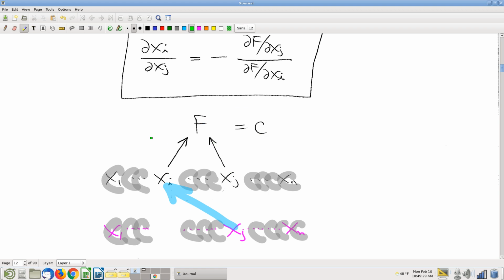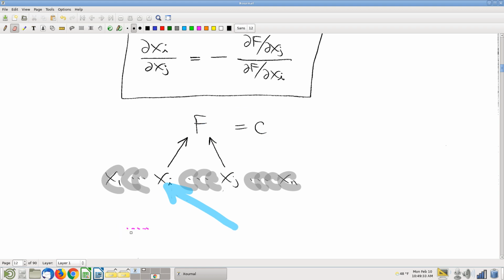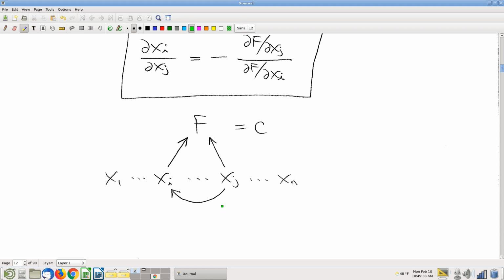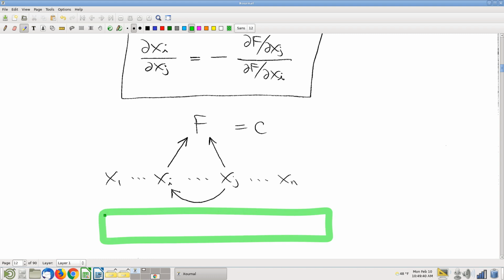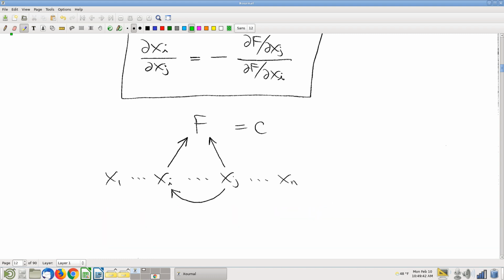Okay. All right. So now, with the picture and the argument made, let me show you what I think is a simpler way to think of this picture. This is what I had before. All this stuff that we had down here was mostly just a way to justify that what we were thinking of is that all these other variables are constants. And there's two ways that changes from xj can propagate.